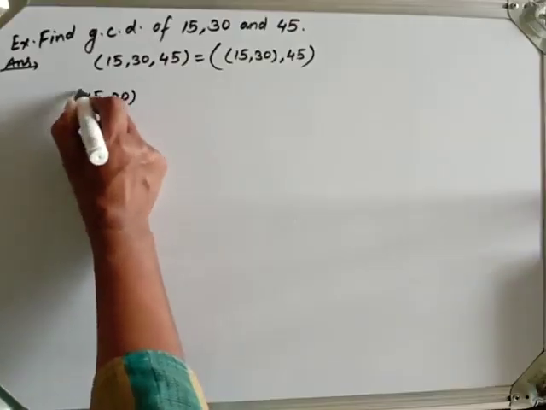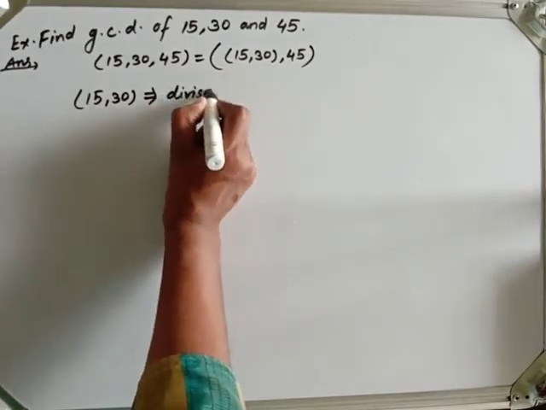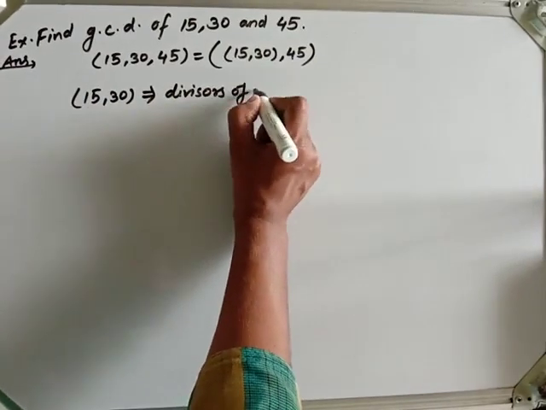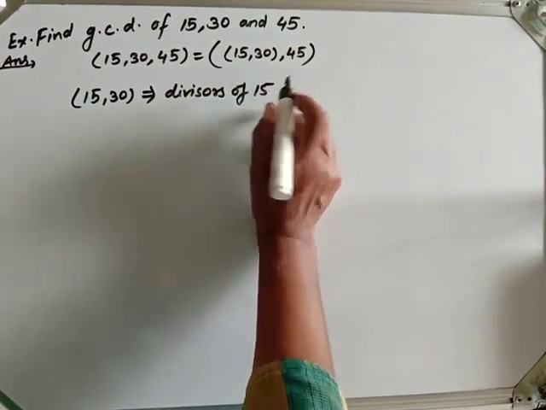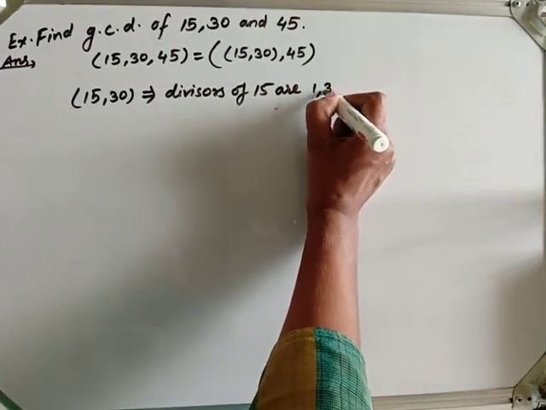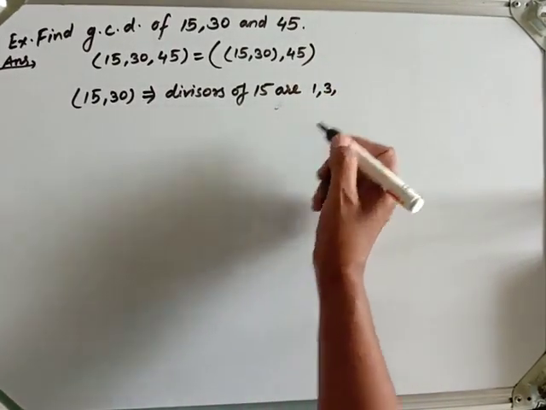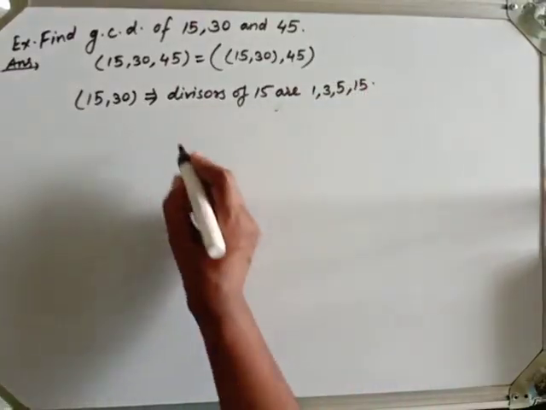For the GCD of 15 and 30, we know the divisors of 15 are 1, 3, 5 and 15, since 2 is not a divisor of 15.